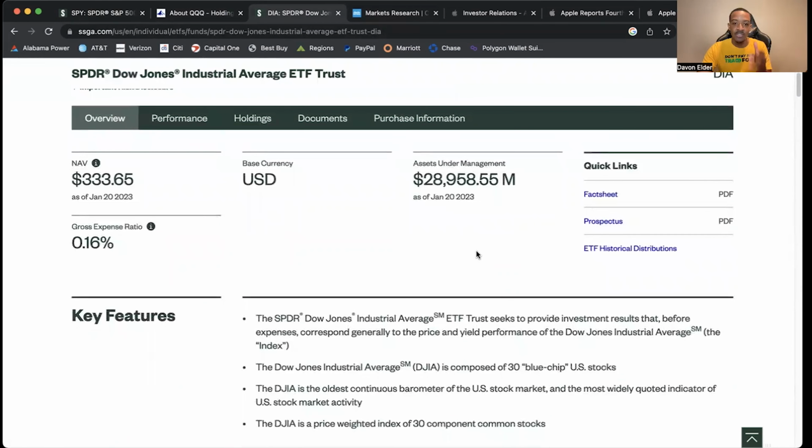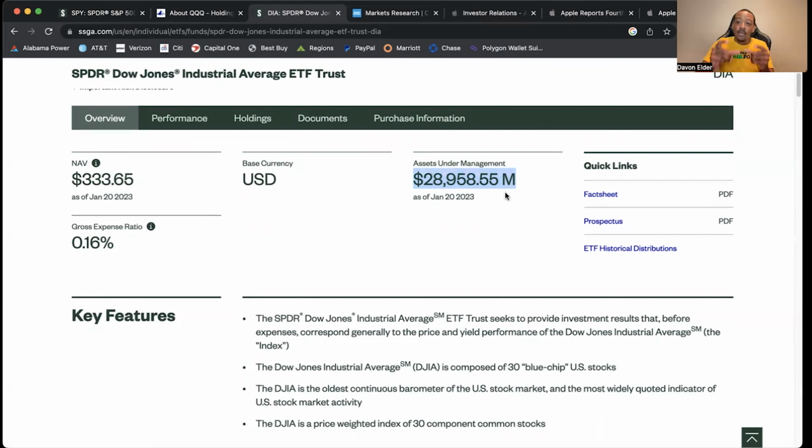The Dow Jones Industrial Average is composed of 30 blue chip US stocks. They're saying right now that the Dow Jones is the oldest continuous barometer of the US stock market and the most widely quoted indicator of US stock market activity. If you look at assets under management, it has $28.9 billion. So it still has a lot of assets under management.